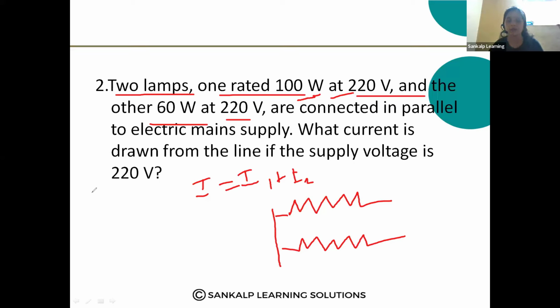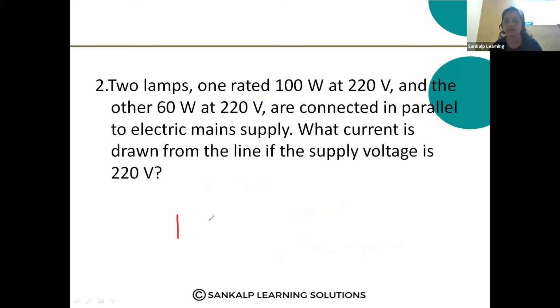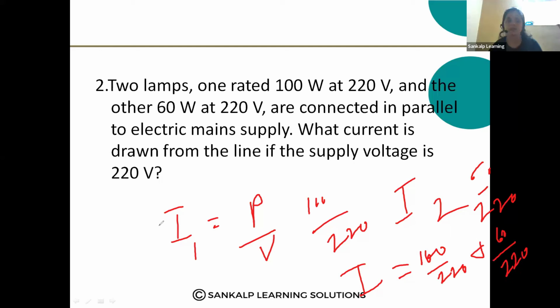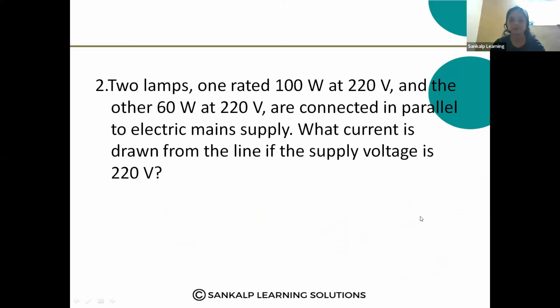So how do we find I? I is equal to P by V formula we can apply. So we have to find I1 plus I2. The P by V values are known, that is 100 by 220 and 60 by 220. So I is equal to 100 by 220 plus 60 by 220. Okay, so that we have to solve. If you solve it, you will get the answer. Understood? So, clear?